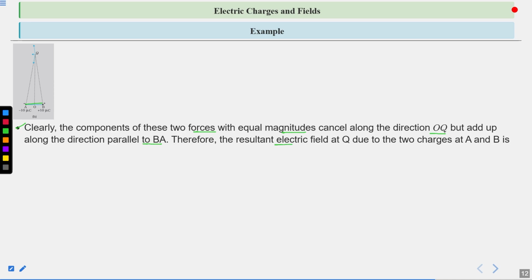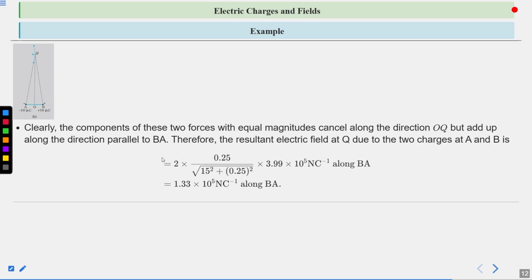Therefore, the resultant electric field at point Q due to the two charges at A and B is 2 into 0.25 divided by under root of 15 square plus 0.25 whole square, multiplied by 3.99 into 10 raised to the power 6 Newton per coulomb along BA. So when solving this, we will get 1.33 into 10 raised to the power 5 Newton per coulomb along B to A.